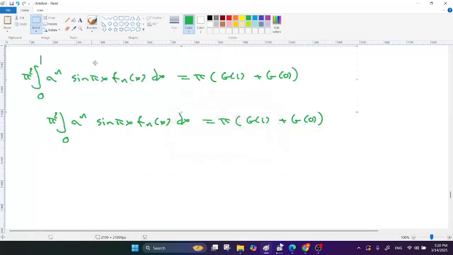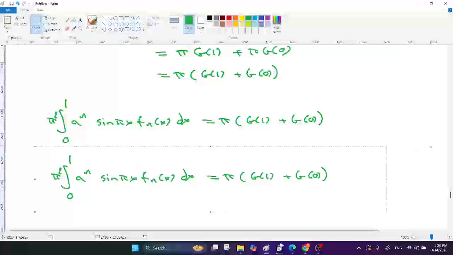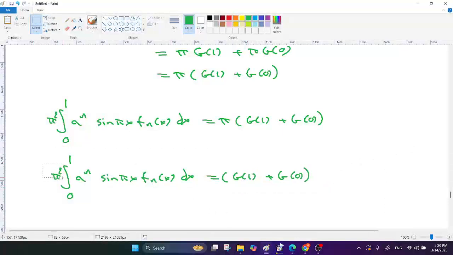By π², cancel one term of π, you get this. π times the integral equals g(1) plus g(0). But remember, g(1) plus g(0) is an integer. Why is g(1) plus g(0) an integer? Because g(0) is an integer, g(1) is an integer. Okay?